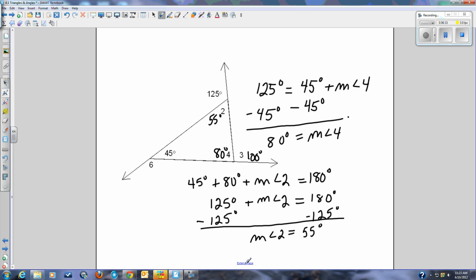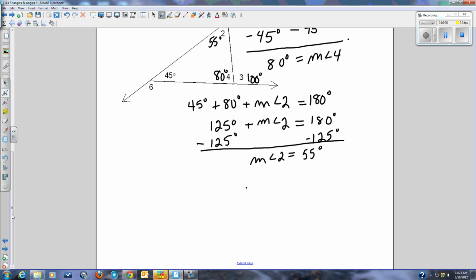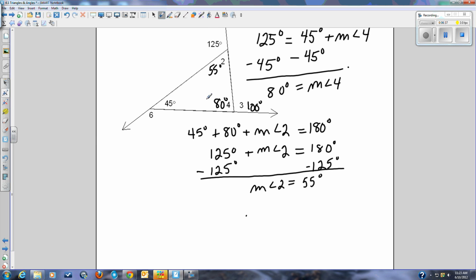Well, the last angle we need to find is the measure of angle 6. Well, the measure of angle 6 is equal to the sum of its two remote interior angles. So not the interior angle that's adjacent to it, the other two angles. So here's angle 6. So 55 degrees and 80 degrees are the measures of the two remote interior angles.